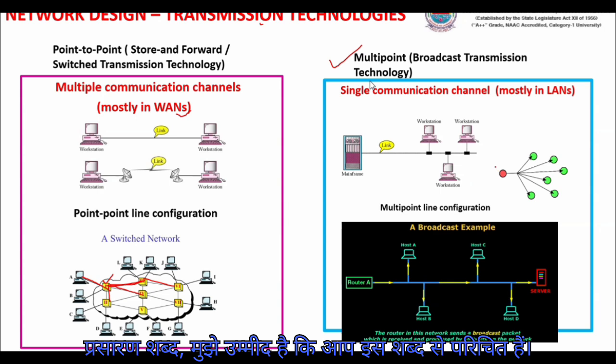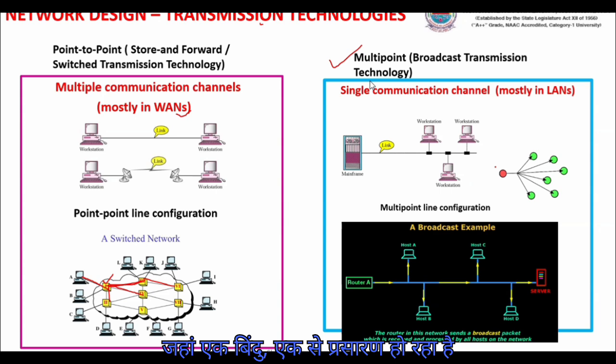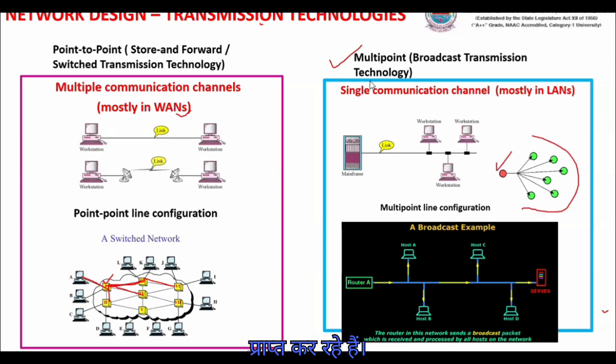I hope you are aware of the term broadcasting, as we have broadcasting in our radios and televisions, where transmission takes place from one station and everybody is able to hear that transmission. So here, one computer is transmitting, and all the other computers connected to the network are receiving. Here, this is not the case.